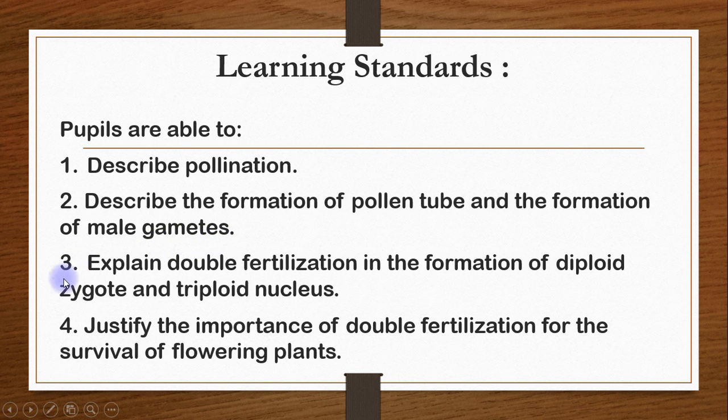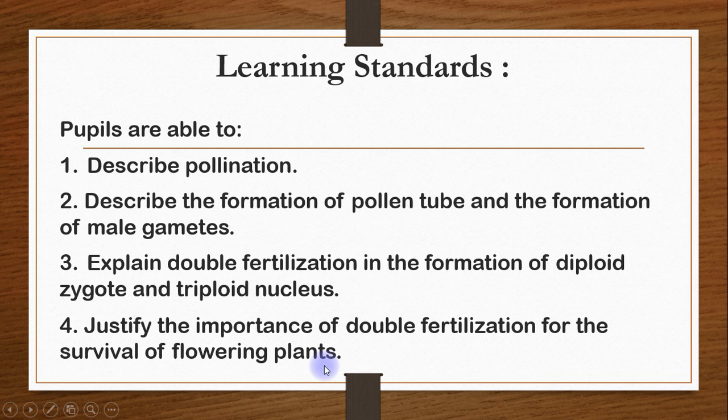Number 3, explain the double fertilization in the formation of the diploid zygote and also the triploid nucleus. Number 4, justify the importance of double fertilization for the survival of flowering plants. So what we are going to discuss today is pollination and also double fertilization.